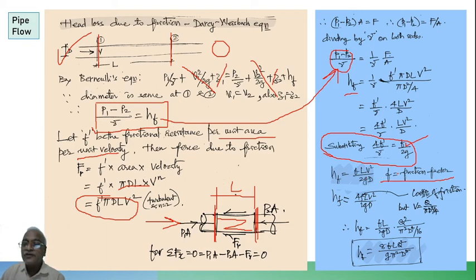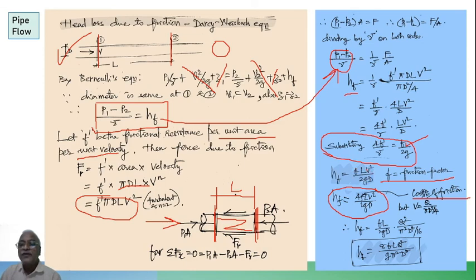Now if the equation is written as 4 flv squared by 2gd, I have written it below here. If it is given in many books, they give that way, then this f will be known as coefficient of friction. If it is plain flv squared by 2gd, then it will be called as friction factor. Anyway, head loss due to friction HF is given by flv squared by 2gd.